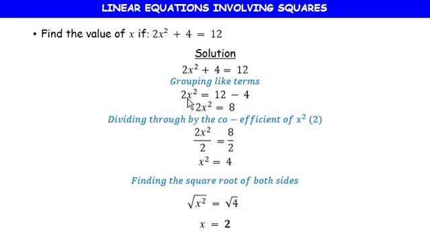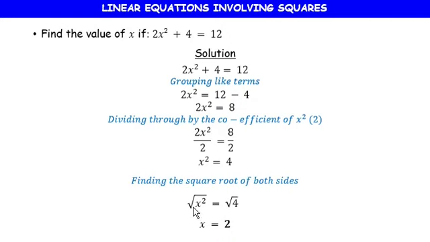So simply you apply the same rules that we've looked at so far, but when you get to the point where you are left with only the variable squared, since you want to eliminate that square so that you are left with only that variable, you find the square root of both sides so that the square root eliminates the square.